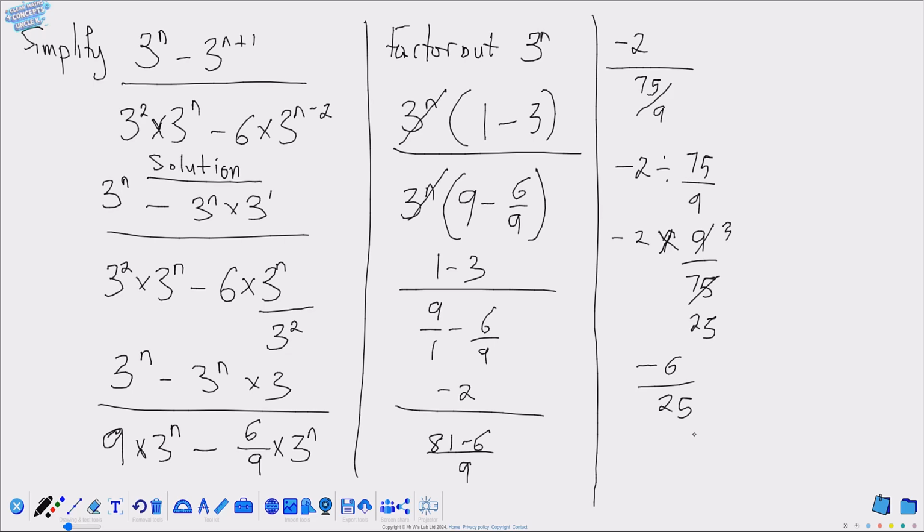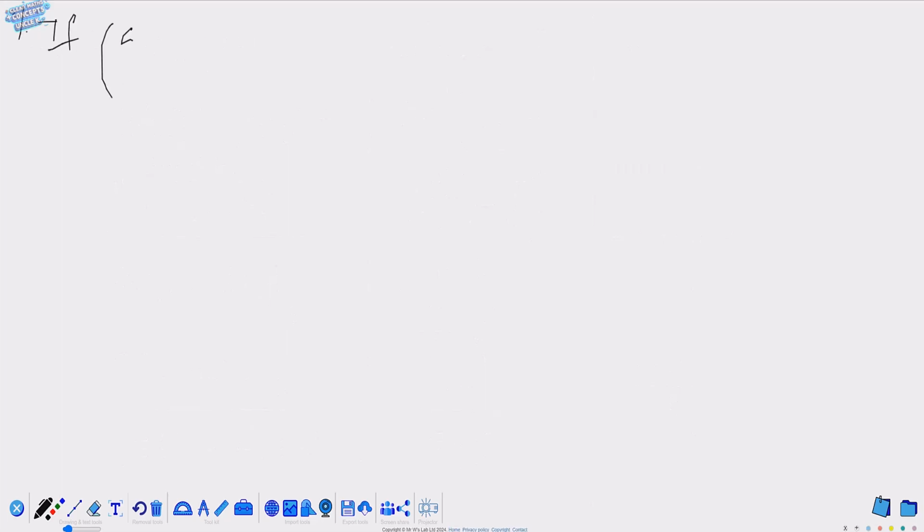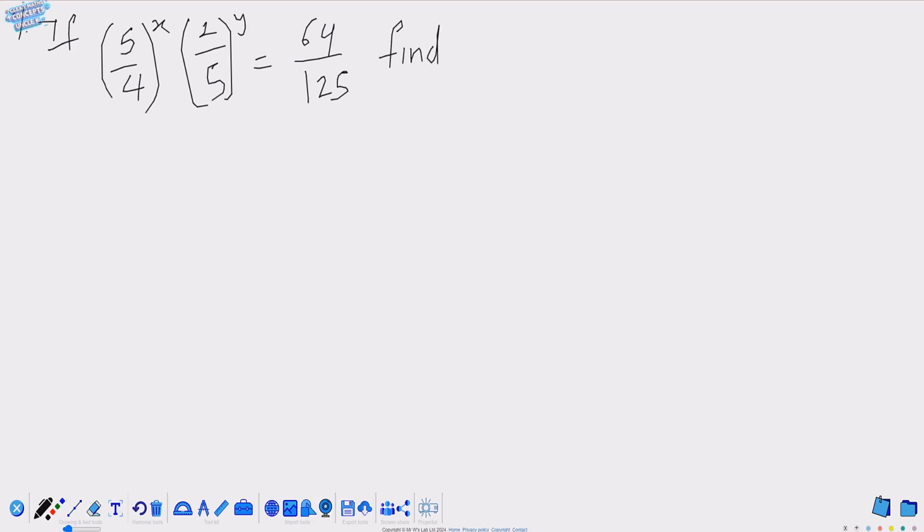So if 5/4 raised to x times 2/5 raised to the power of y equals 64/125, you have to find the values of x and y respectively.